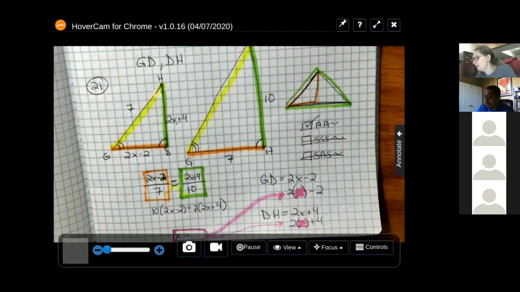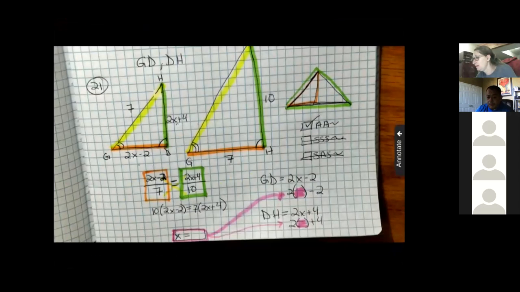So hopefully that kind of helps you guys see it. I know you know how to do the math, so I'm not too worried about that. It's just setting it up. And so hopefully setting it up now gets you guys on the next step.